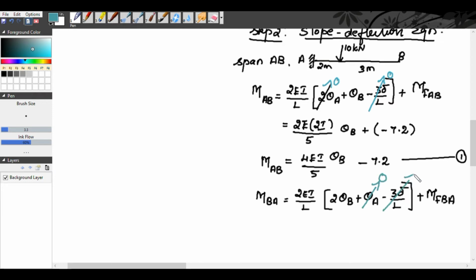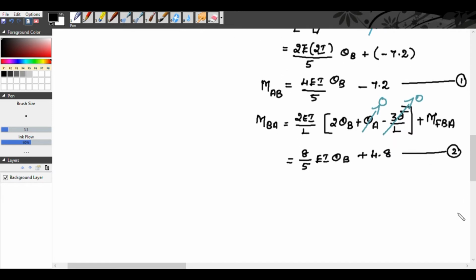There is no settlement. So, delta is equal to 0. So, remaining things, we have to substitute I by 2I. So, we get 8 by 5 EI into theta B plus 4.8. This is our equation number 2.